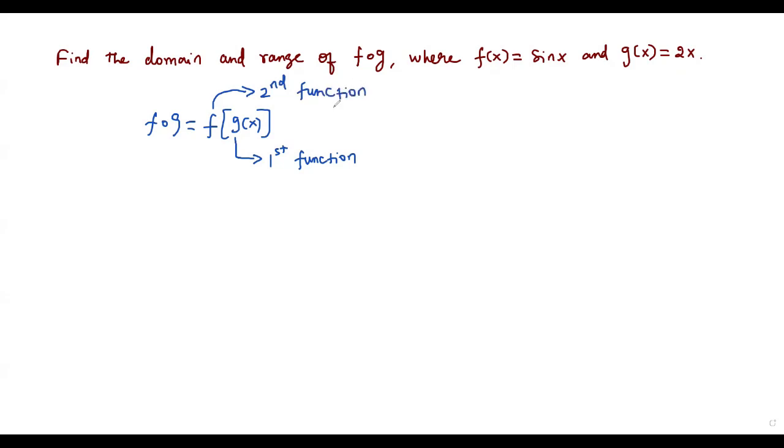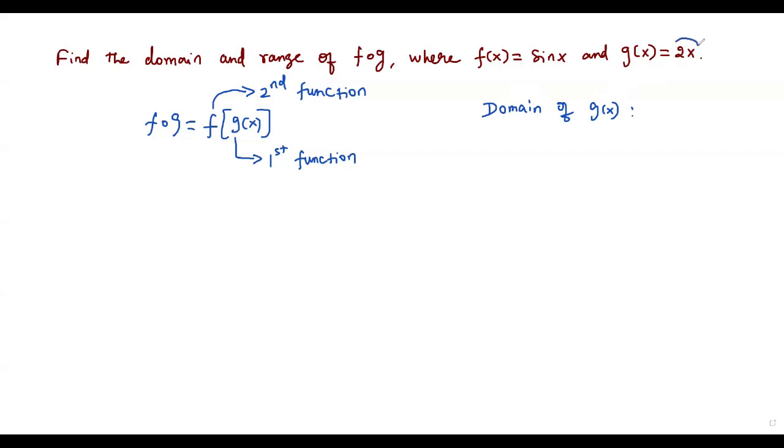Now let's discuss the domain. What is domain actually? For example, if I want to find the domain of the function g of x, it is nothing but the set of values of x for which g of x is defined. To get the domain of a composite function, first I have to get the domain of the first function, in this case g of x. The domain of g of x is what? Let's consider the function g of x over here.